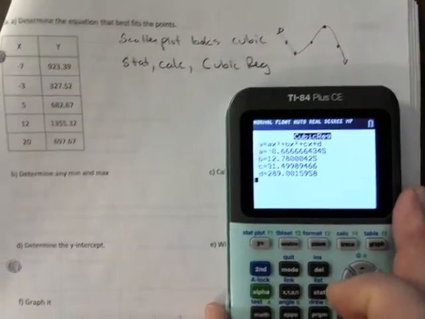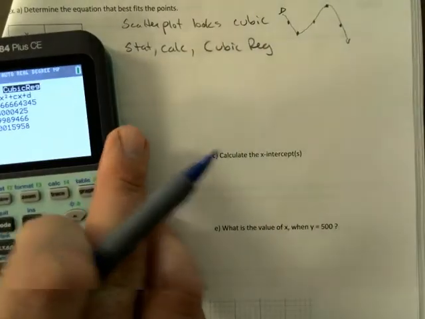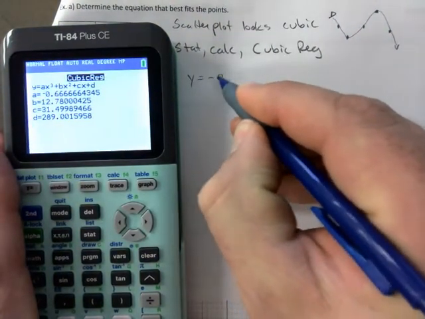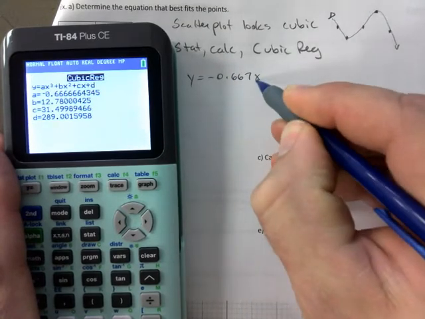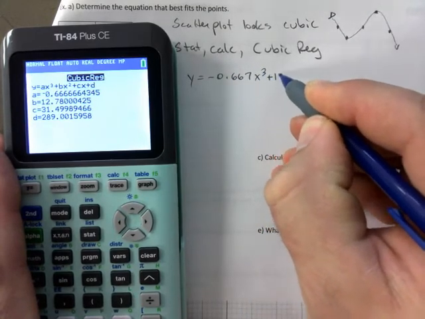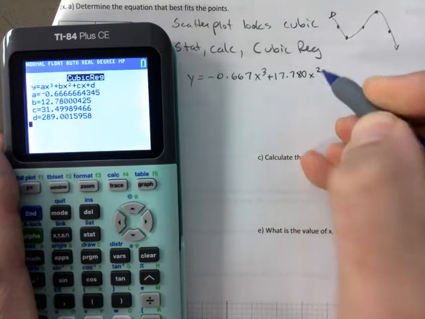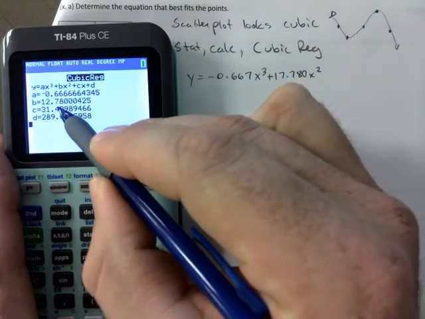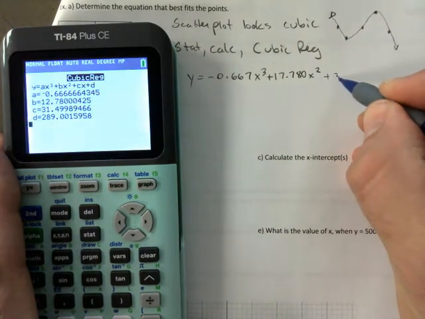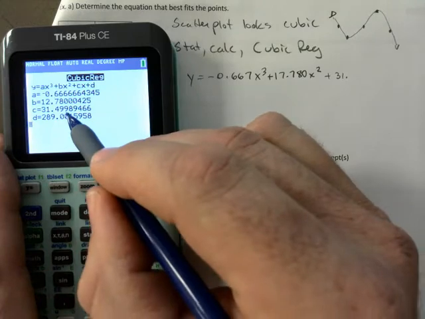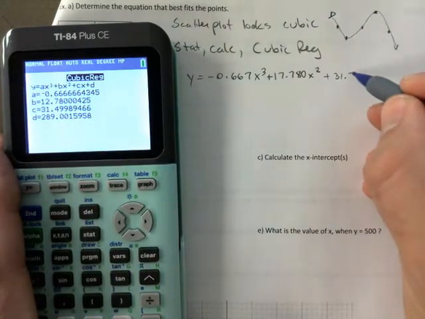And there it is. Okay, so I'll cover it up here and copy that down. So that's -0.667 x cubed plus 17.780 x squared, right? Because b is in front of the x squared in this case, plus 31 point, that rounds to 5 no matter what you do.